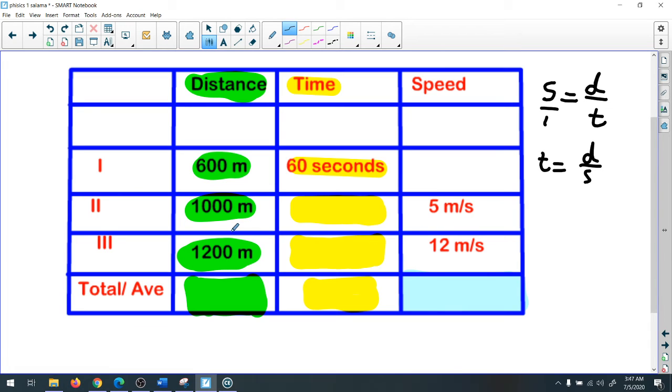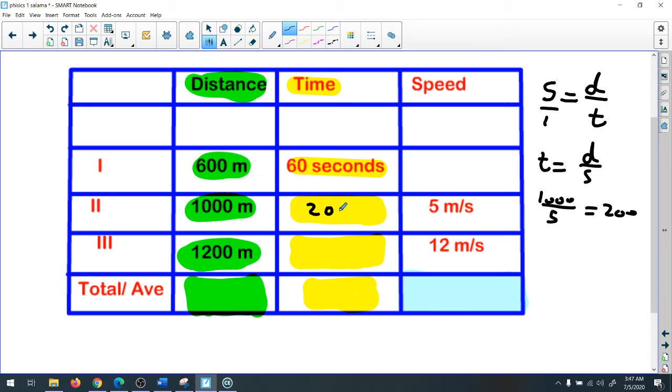In here, we're given distance 1000 and speed 5. So 1000 divided by 5 equals 200. So this is 200.